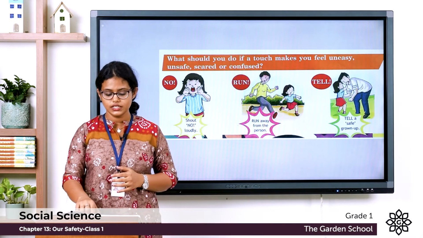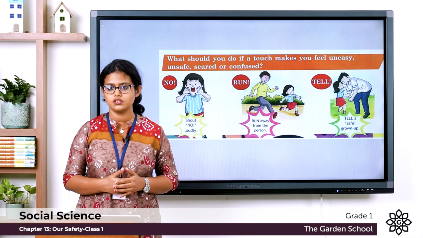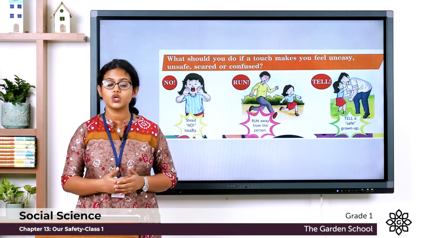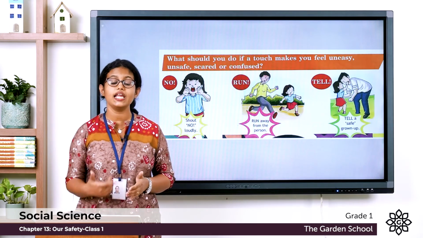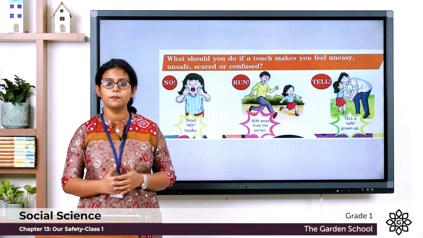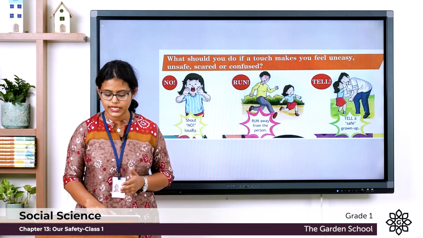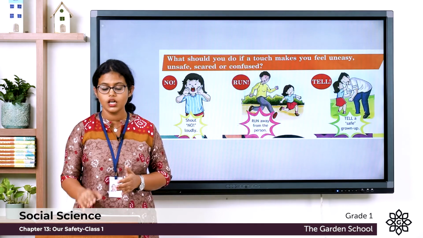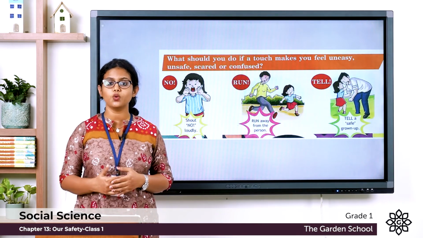The next one. Here you can see a little girl thinking, "Should I light a matchstick?" Near her there is a matchstick. Fire causes burns, and that is an unsafe thing. The next one, you can see a person knocking on the door and asking to open it.